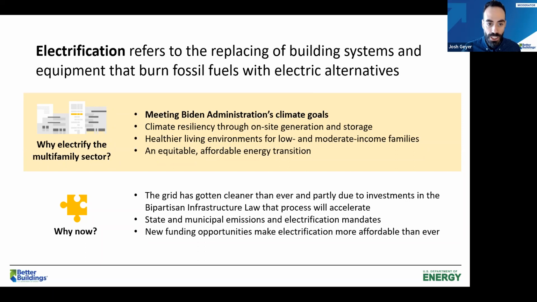The emissions reductions we need to accomplish in this decade cannot happen without shifting away from dirty fuels to electricity, which together with a cleaner and more resilient electrical grid will facilitate our eventual transition to 100% renewable energy in this country. In addition, electrification has multiple additional benefits, including for residents of multifamily housing.